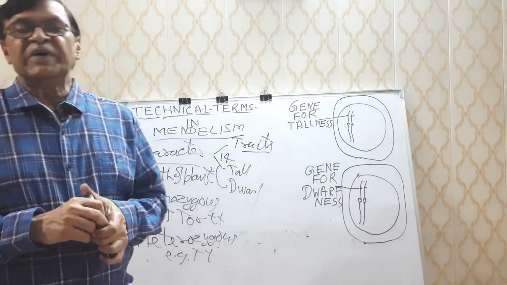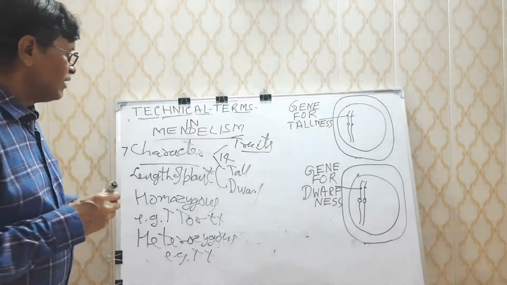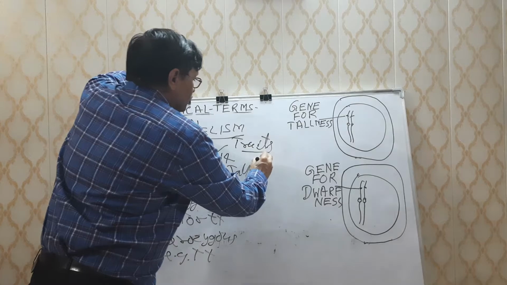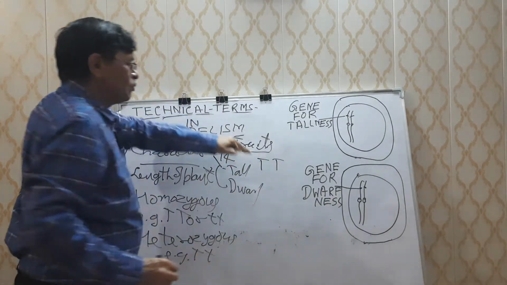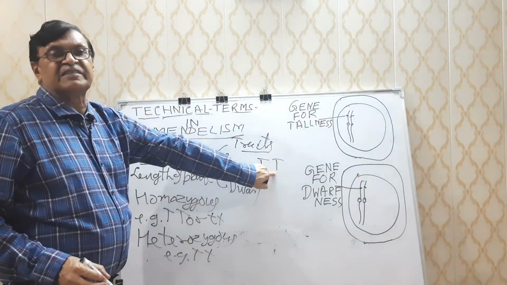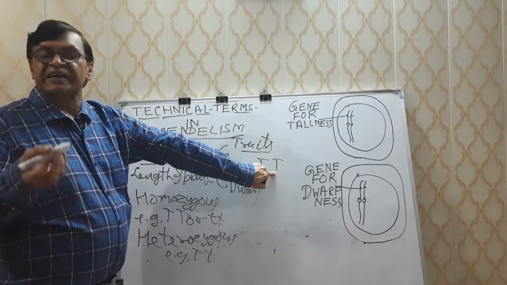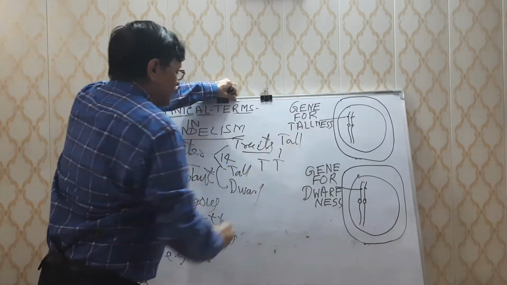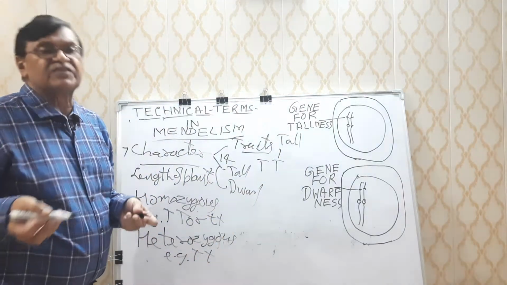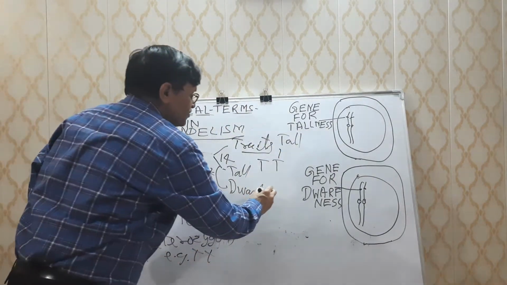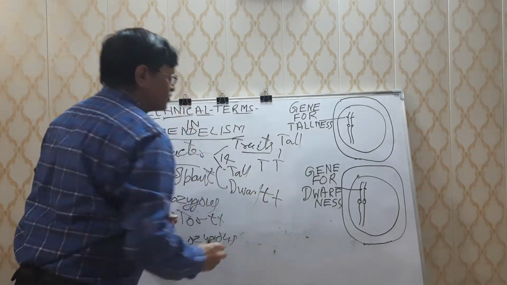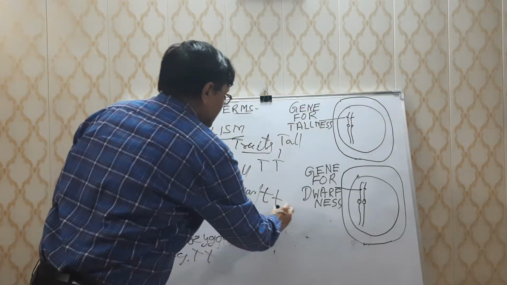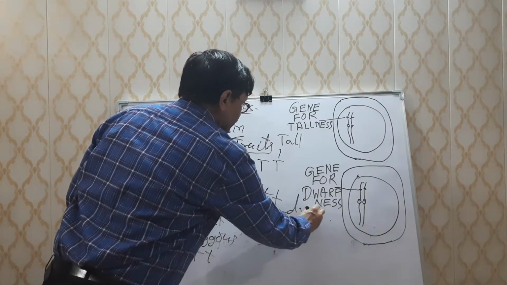Now, Mendel said that when an organism is homozygous, for example, it is having both factors for tallness, it will appear tall. In the other case, when the organism contains both factors for dwarfness, it will appear dwarf.